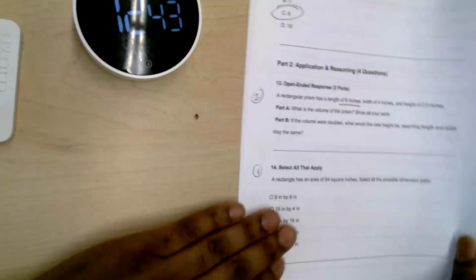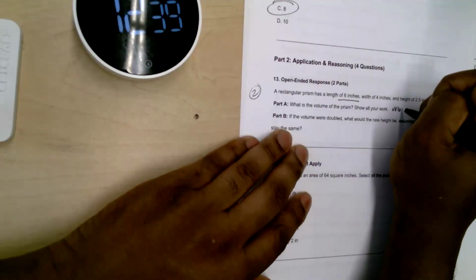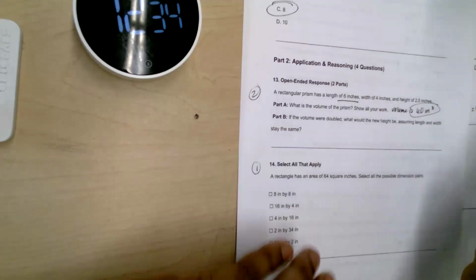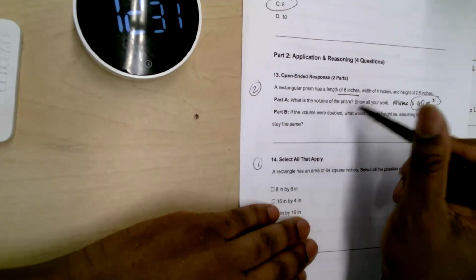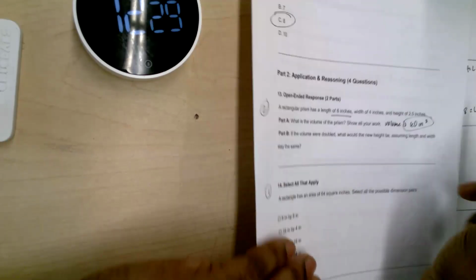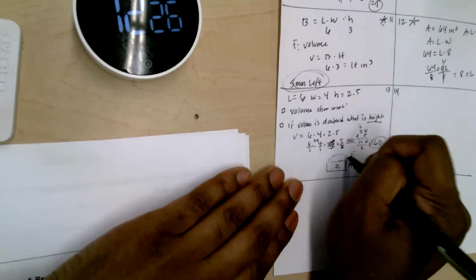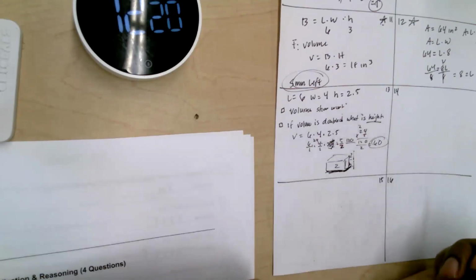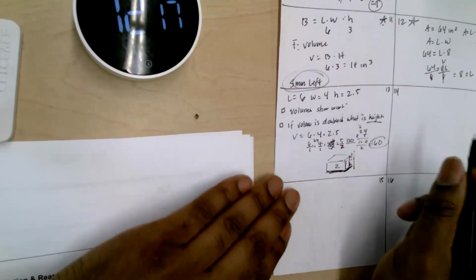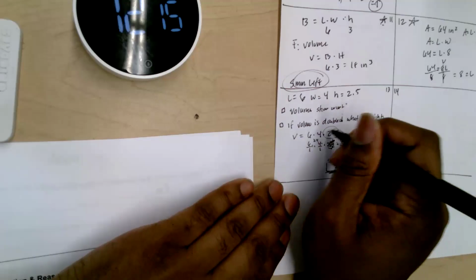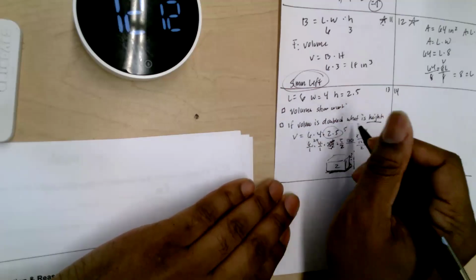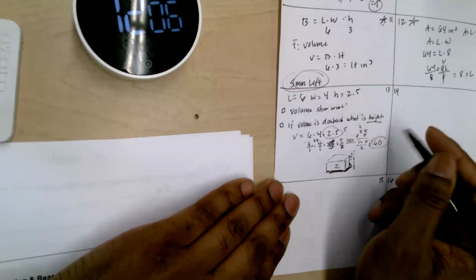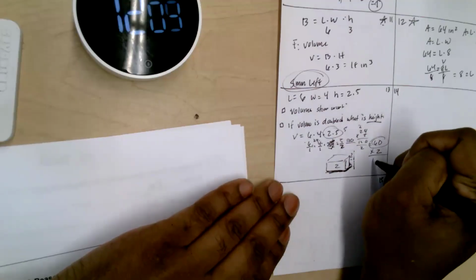So then I'm gonna go here and say the volume is 60 inches cubed because units matter. And it says if the volume were doubled, what would the new height be? If you look at this, let's say we have a rectangle, this base and this height could stay the same. Let's say the height was 5, 6 times 4, which is 24, because this is double, that's times 2, which is 120.